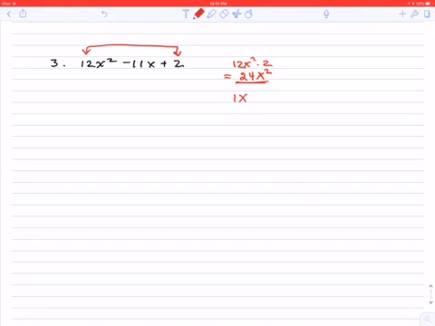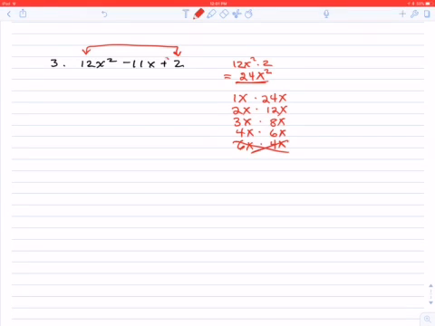So 1x and 24x, 2x, 12x, 3x, 8x, 4x, 6x. 5 won't go into 24, but 6 goes. 6 goes in 4 times. So when the factors repeat, I have them all.